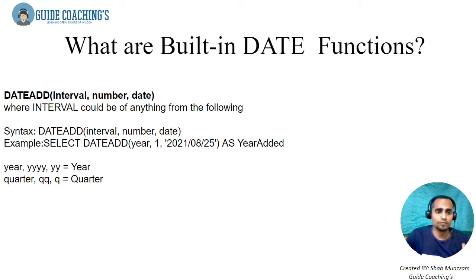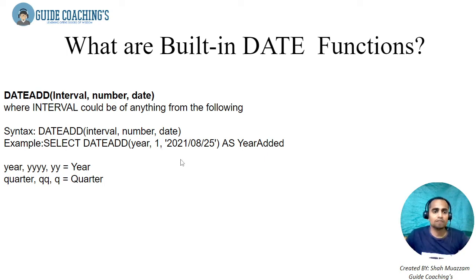If you see the example, we have select dateadd, and then we have year, 1, 2021-08-25. What will happen is 1 year will be added to this date, and we will get a result of 2022-08-25.